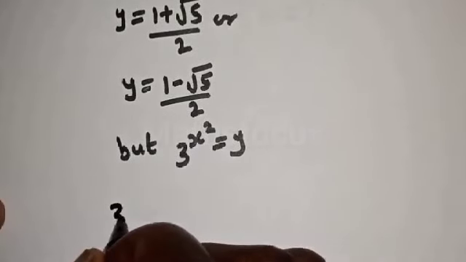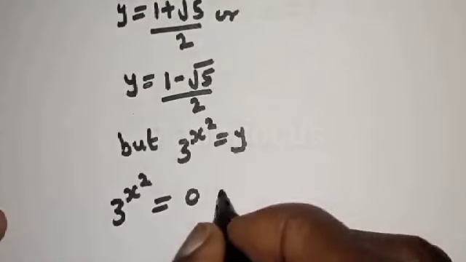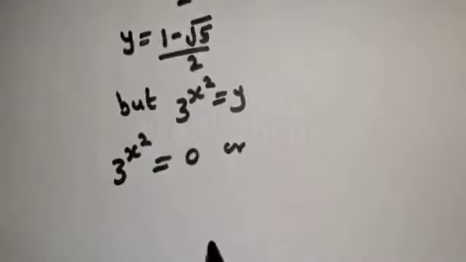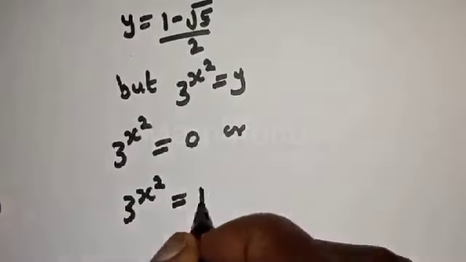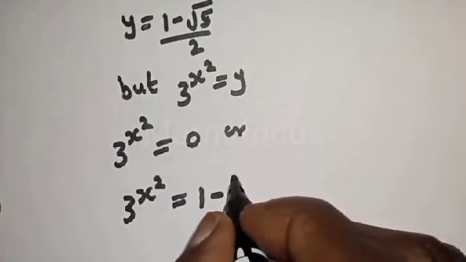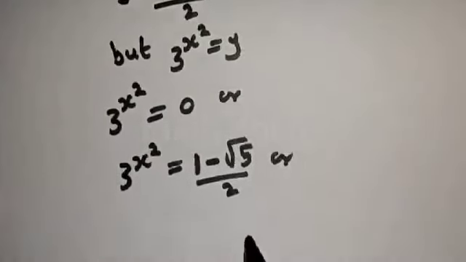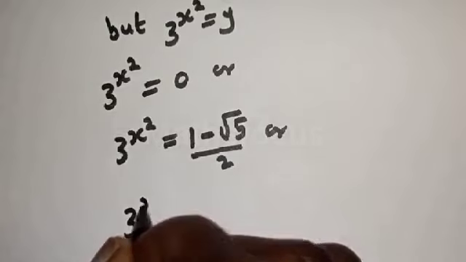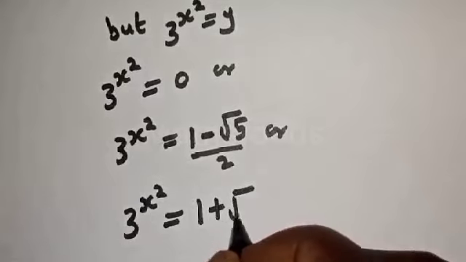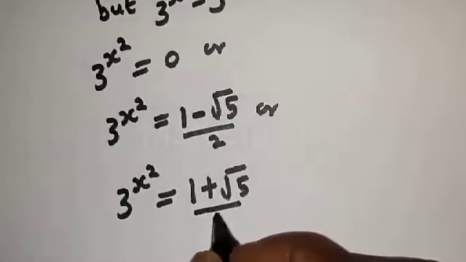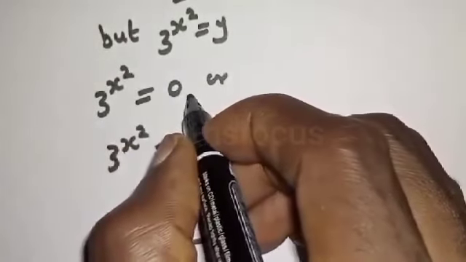Then we have 3 raised to the power x² is equal to 0 from the first case, or 3 raised to the power x² is equal to (1 minus square root of 5) over 2, or 3 raised to the power x² is equal to (1 plus square root of 5) over 2. But from here, 3 raised to the power x² cannot be 0. This is not valid.